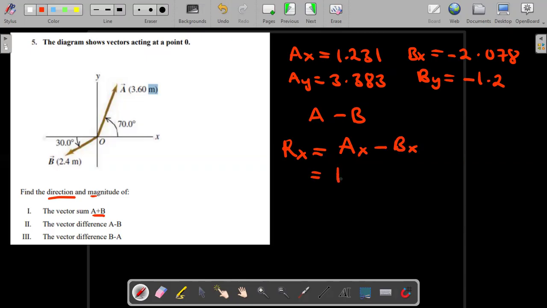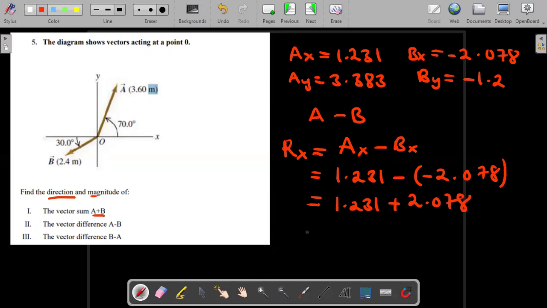My AX is 1.231. Then my BX is negative 2.078, so I have a minus there. Multiplying the negative by the negative, I just get a positive, so that will be plus 2.078.